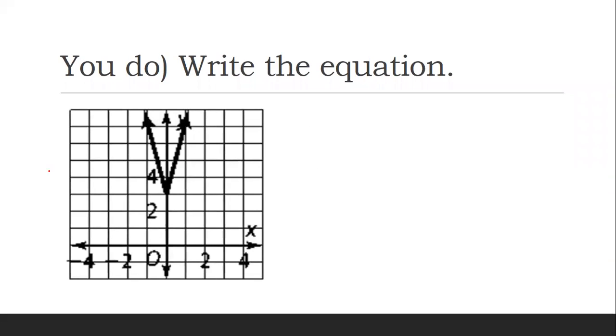All right, so the first thing you're going to tell me is the vertex. What was the vertex? Good job, 0, 3. So we have our h and we have our k. The second thing you're going to tell me is the slope, which is our a. What was the slope?